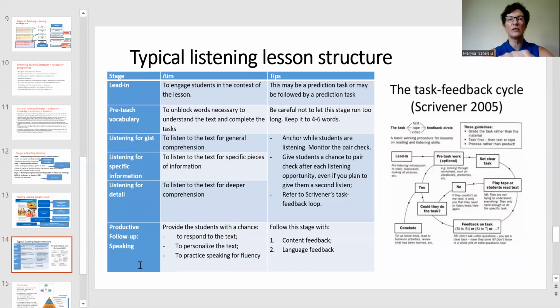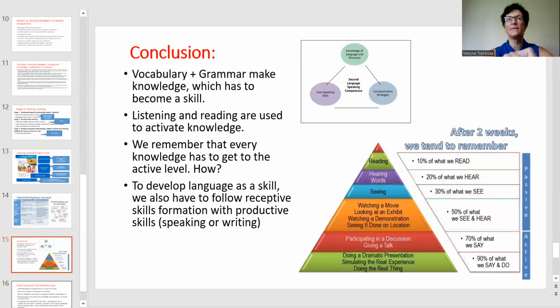Students may respond to the text, may personalize it, or just practice speaking for fluency. And here the stage will be followed with content and language feedback. So this typical lesson structure is good at the advanced levels.